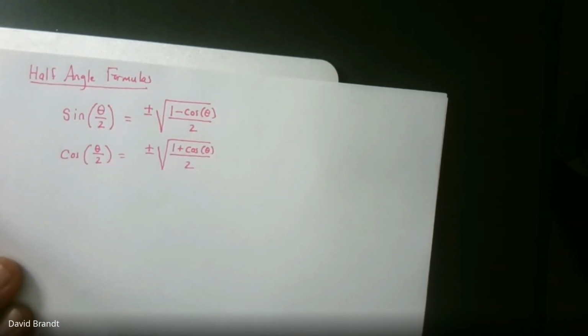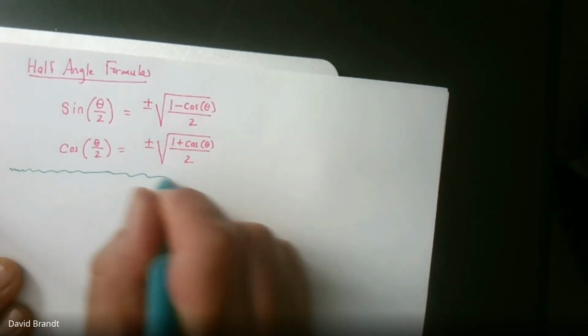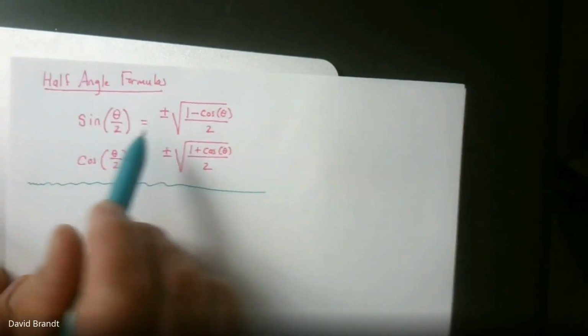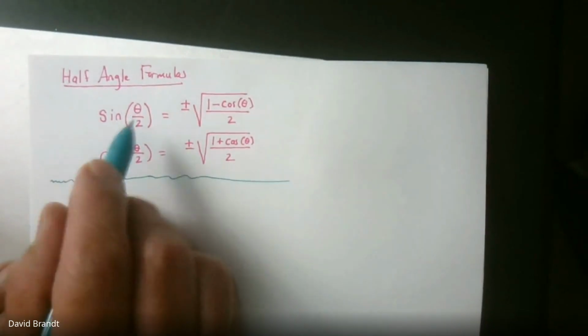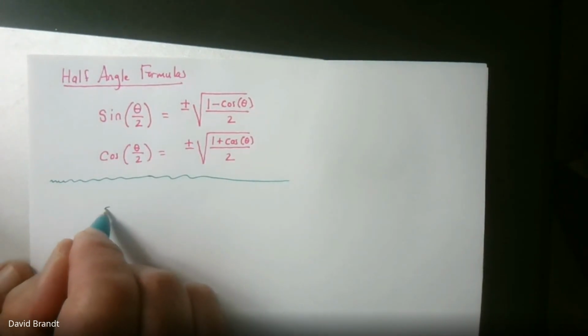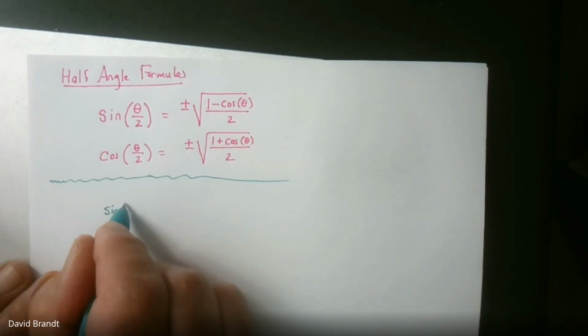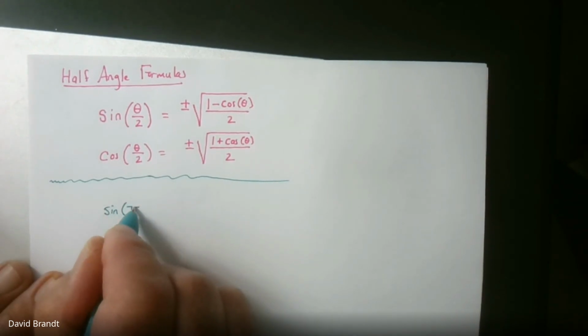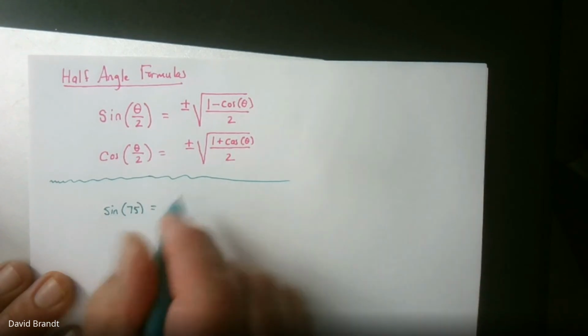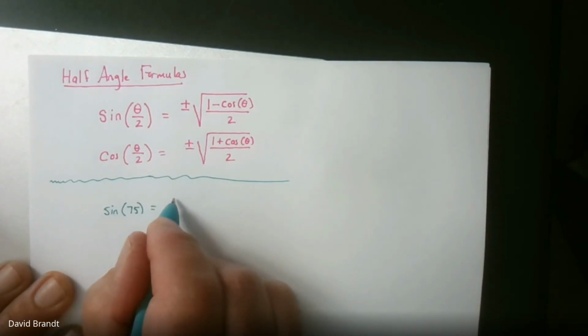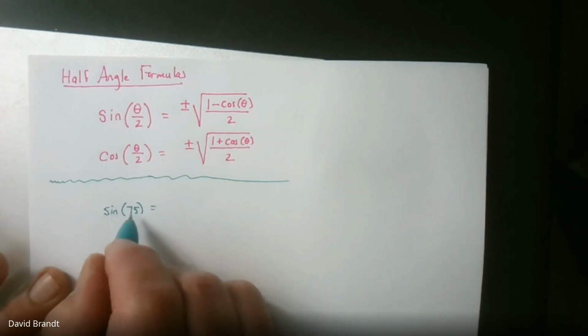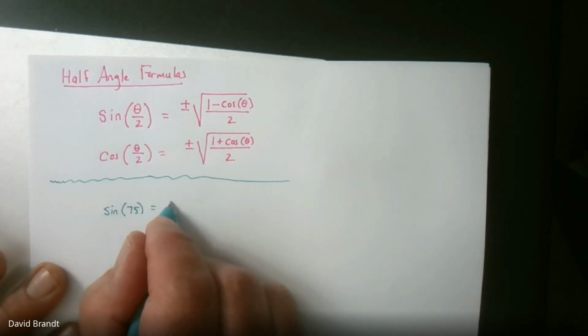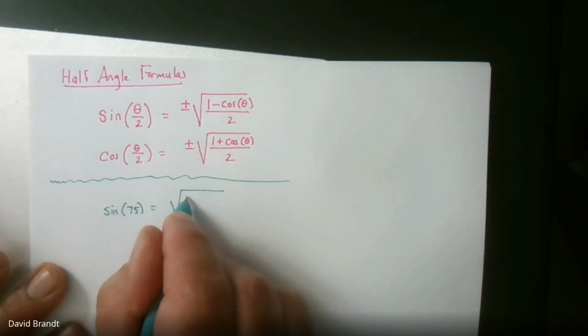Now, let me give you an example of what it looks like when you plug numbers in. So let's say sine of 75 would be equal to plus or minus. Now, plus or minus depends on what quadrant you're in. So this is quadrant 1, it would be positive. What would go right here?